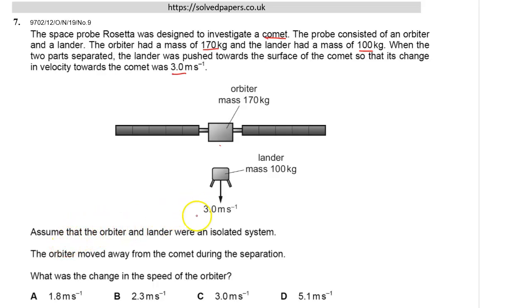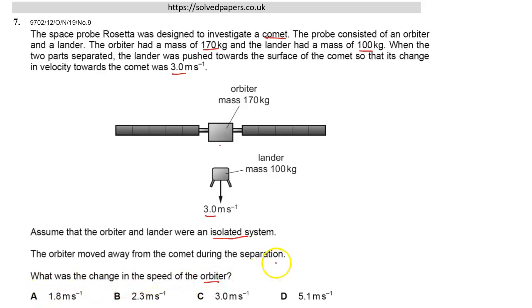Assume that the orbiter and the lander were an isolated system, did not influence each other. The orbiter moved away from the comet during the separation. This one went away from the comet. What was the change in speed of the orbiter?